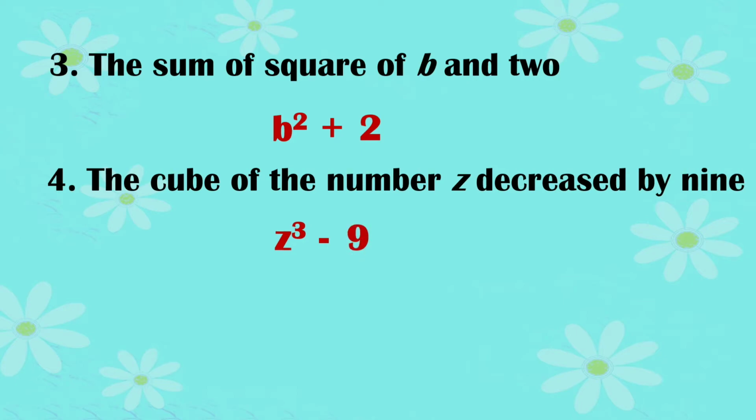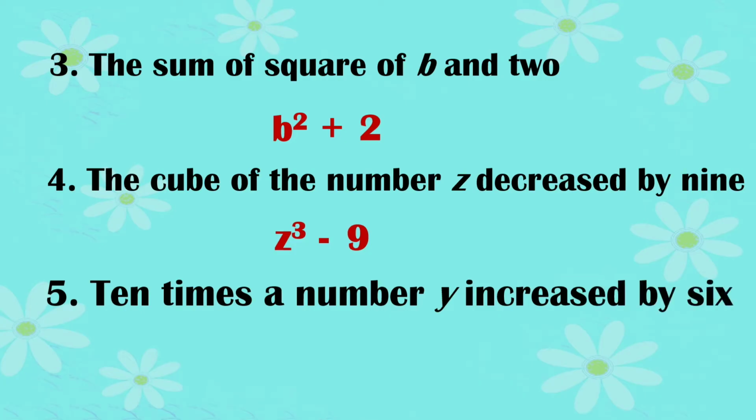Yan. Number 5. 10 times a number y increased by 6. So, pag sinabing times, multiplication po yun. And pag increase, addition. So, 10 times a number y. So, times y. So, pwede kayo maglagay ng asterisk dito or pwede nyo siyang lagyan ng open and close parentheses.